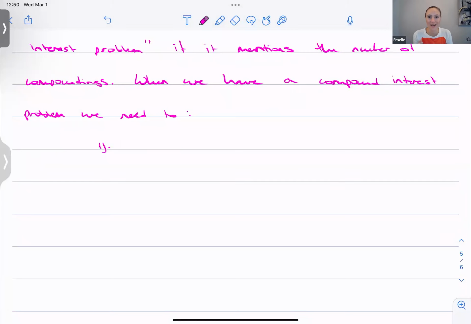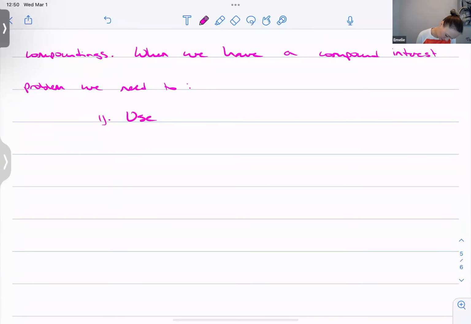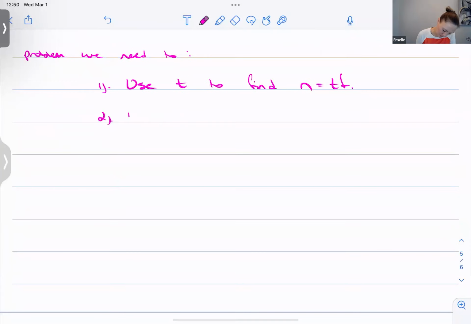So take the time given and calculate the number of compoundings. Use T to find N, the number of compoundings. N is T times F. Then use R to find I. I is R over F. Which of course involves first having to find F. Figure out what F is.